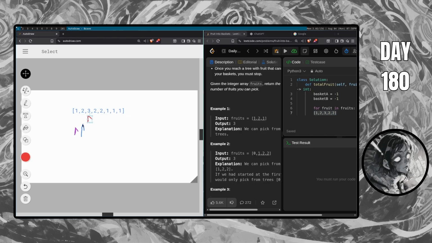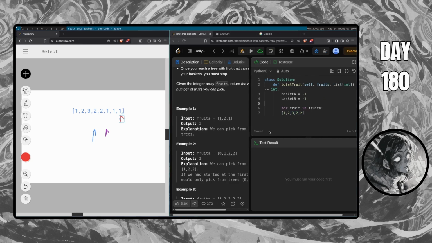We go here, and this pointer needs to go here probably. And since we go here, this pointer goes here, but we're still counting. And we keep reading. I don't know if it makes sense for any of you guys, but let me try to code this.